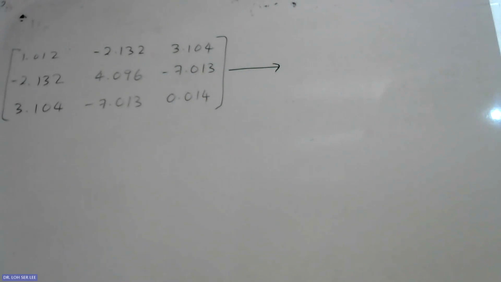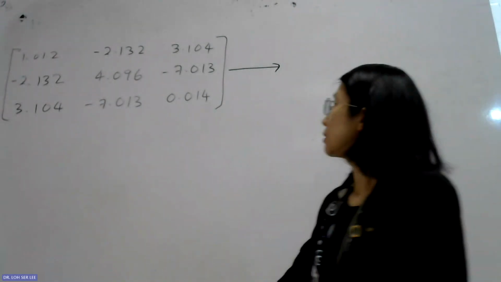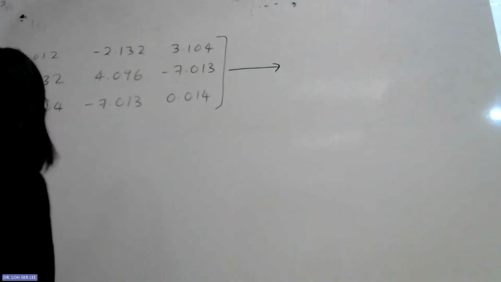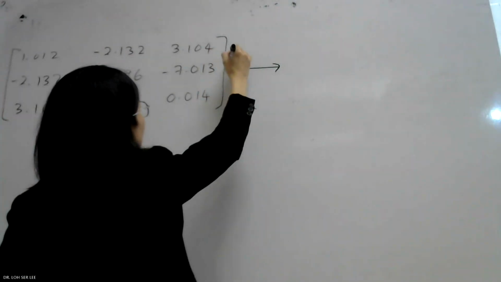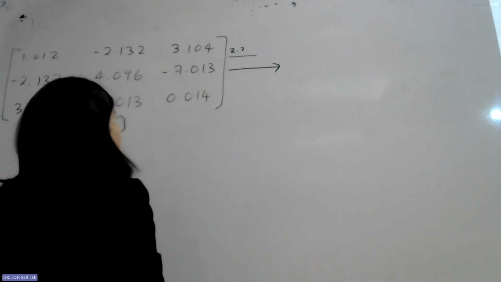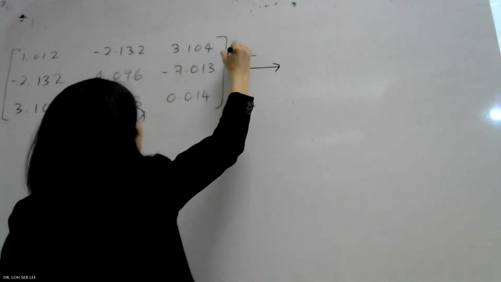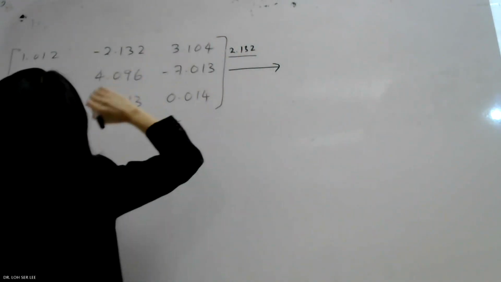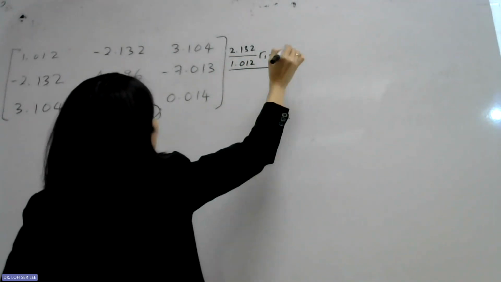You need 2 operations to change this 2 into 0. So I show you the first operation. The first operation should be a positive 2.132 over 1.012 R1 plus R2.